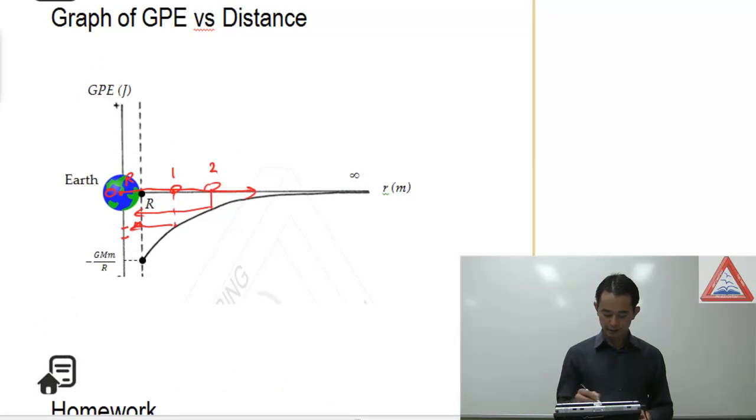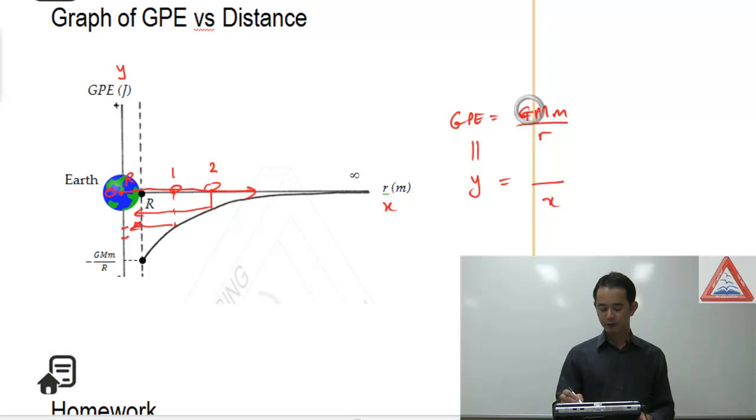And if you look at it carefully, the formula for GPE is G, big M, little m on little r, the distance away from the center of the Earth. And what we have here is a graph which is pretty much hyperbolic. If I let GPE be y and r be x, because r represents the x-axis and this is the y-axis, can you see that big G and big M and little m are all constant?